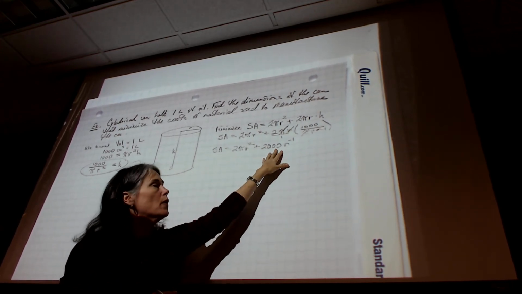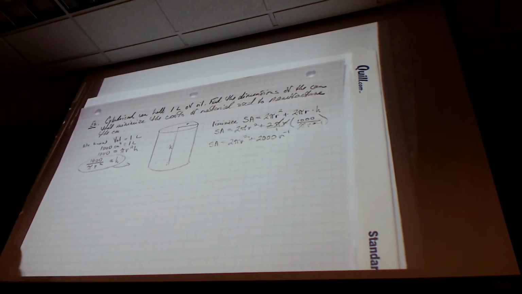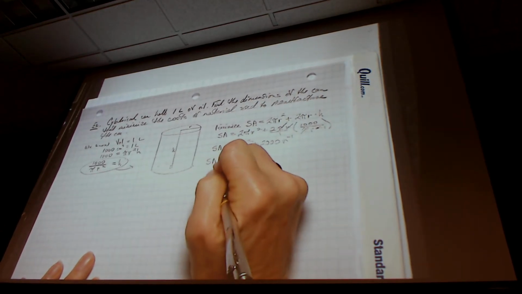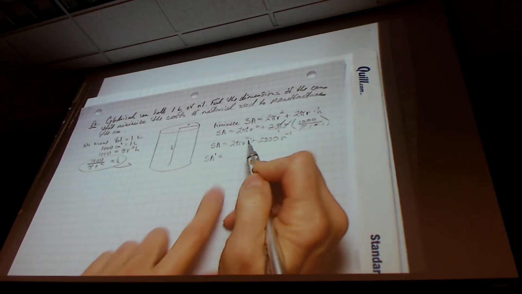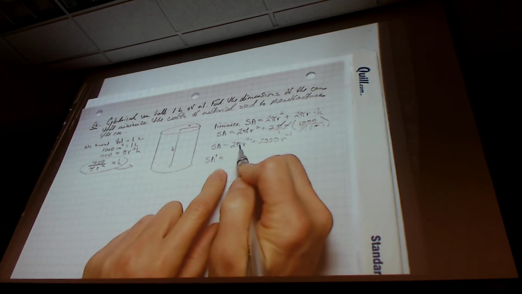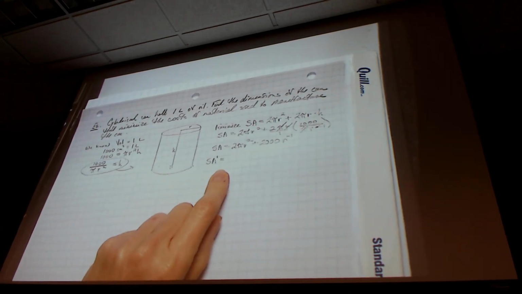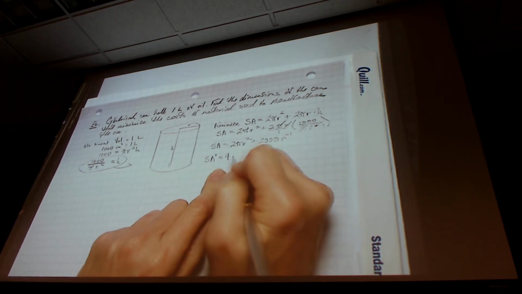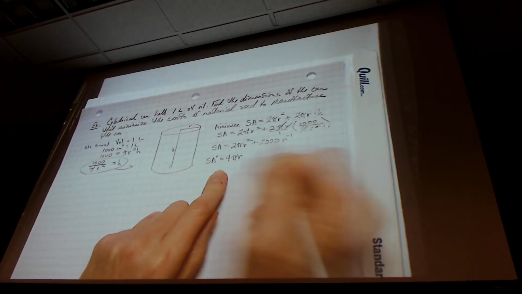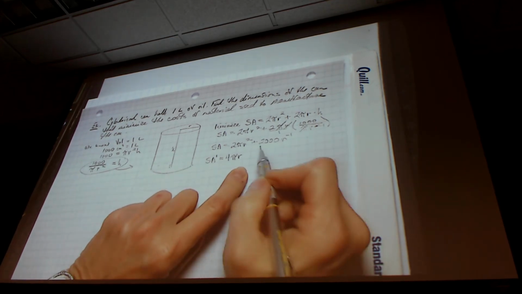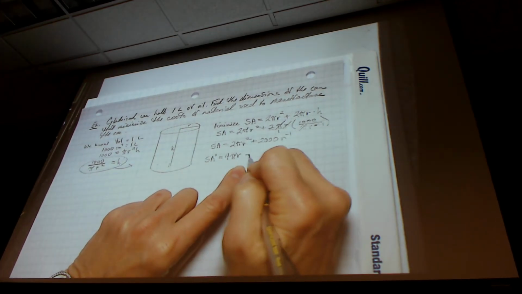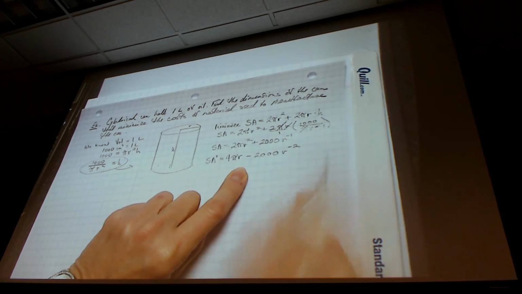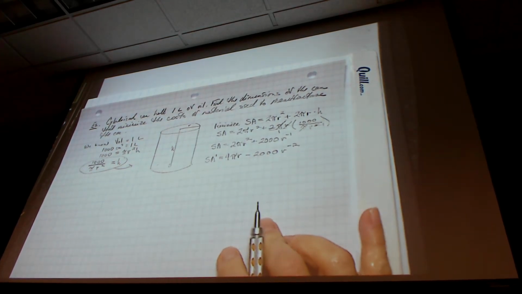Now we're ready to differentiate. We've got an equation in just one variable. So SA prime would be, now pull the 2 and pi are constant multipliers out in front of r squared. So pull the squared out front, so I've got 4 pi r differentiating the first term. Now differentiating the second, I have minus 2,000 r to the negative 2.